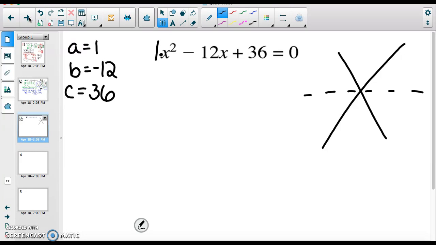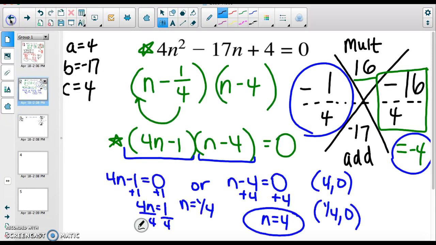So let's build my diamond. AC goes up top, B on the bottom, A goes beneath the dotted line. So I'm asking myself, okay, what multiplies to a positive 36 but adds to a negative 12? Let's take a look back at our previous example.